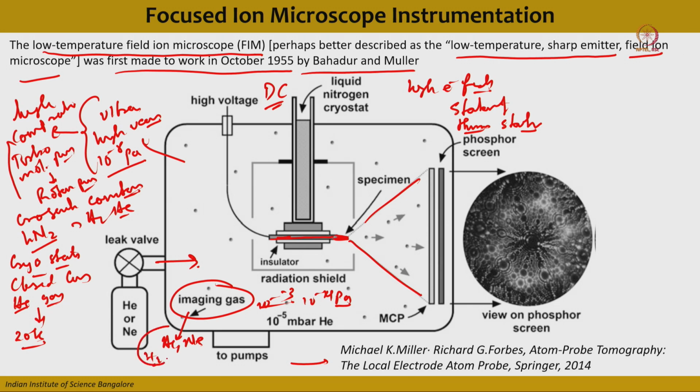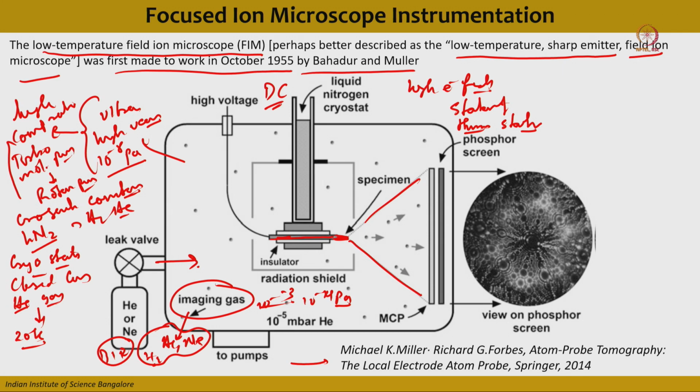We can also use combinations of gases, because as I told you, different gases have different ionization energies and therefore different BIF values. Depending upon your sample crystal structure or the phases present, you can use a mixture of gases to resolve the atomic structure of the needle specimen. So these are the 4 important things.